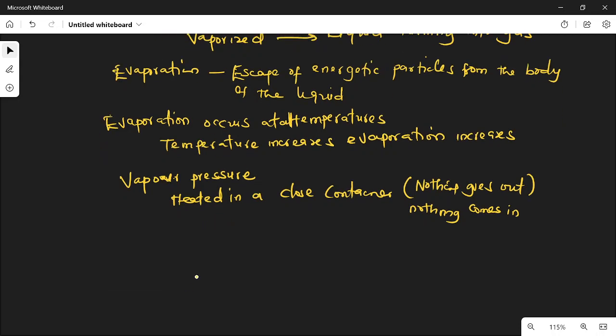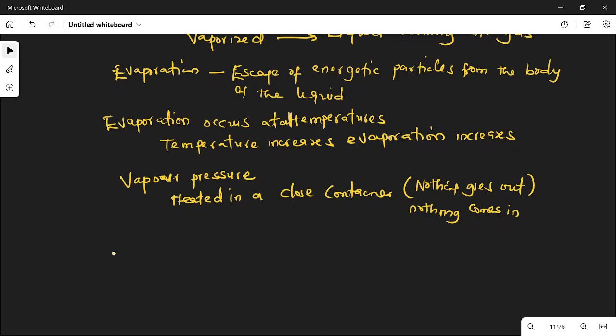Now, when molecules are being heated and they break away into their neighboring liquids, they will not be allowed to go out, because we are heating it in a closed container. I want to believe you understand that now.